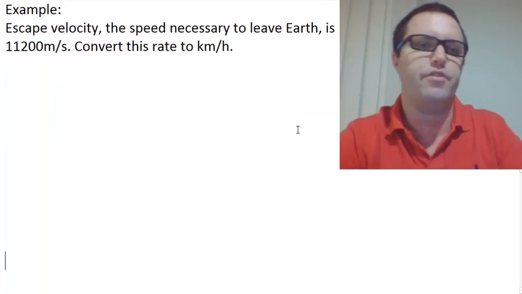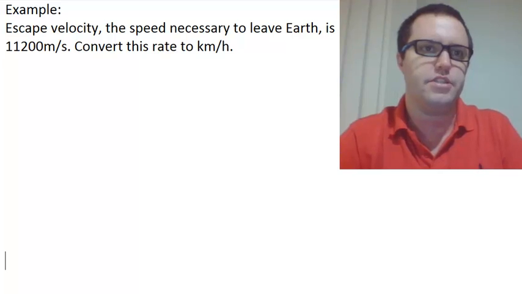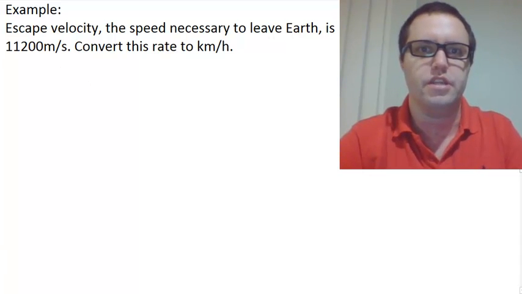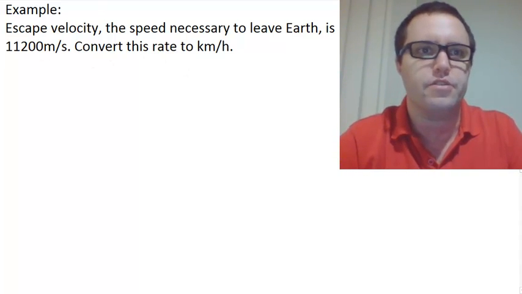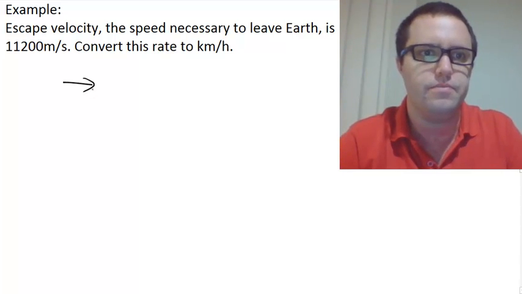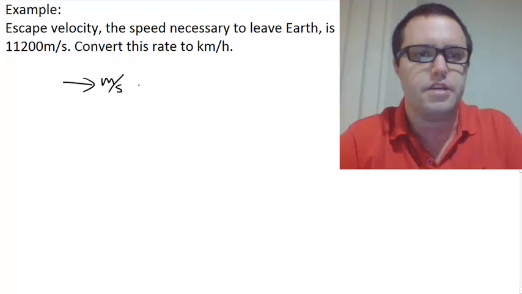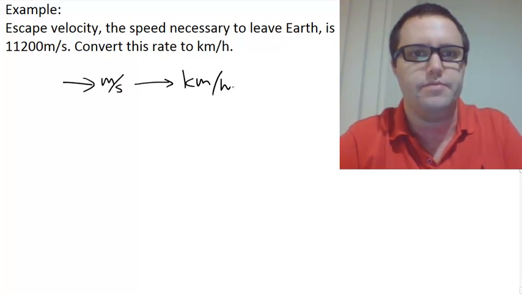Right, converting units. An example for you. Escape velocity, which is the speed necessary to leave Earth, is 11,200 meters per second. Convert this rate to kilometers an hour. So we're going to need to go from meters per second to kilometers per hour.